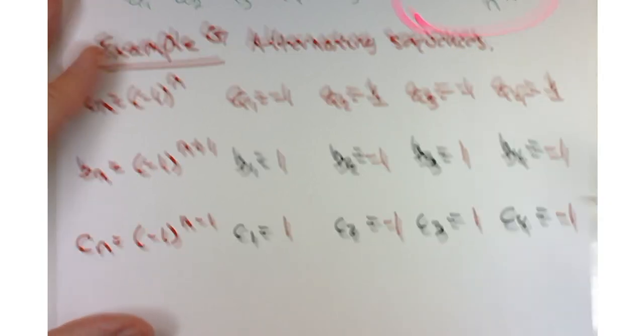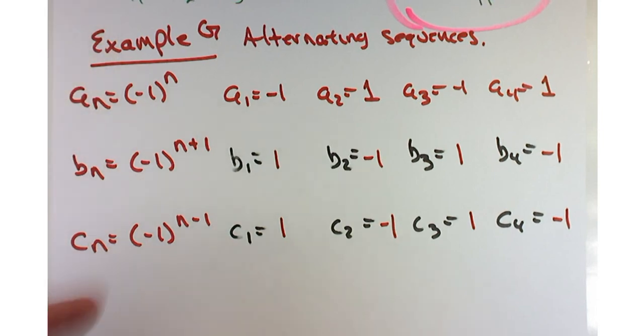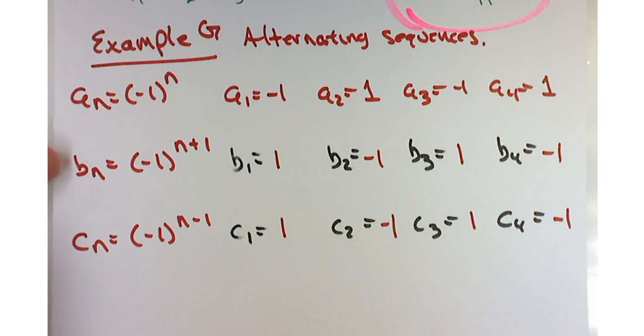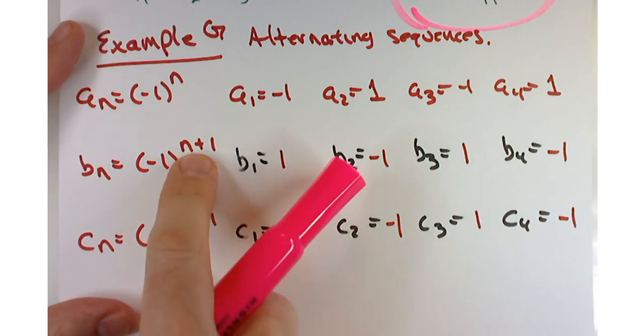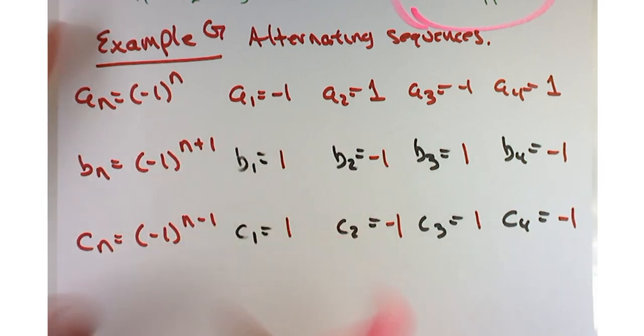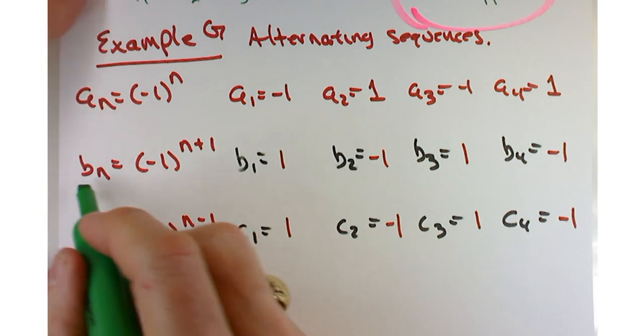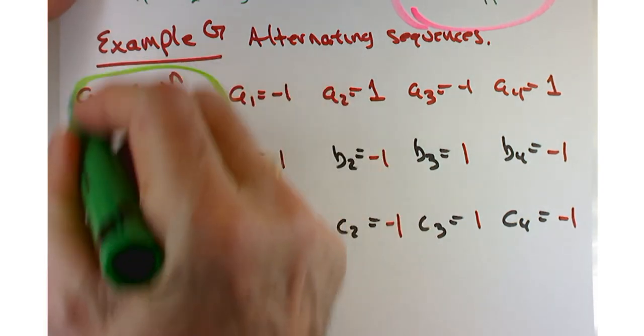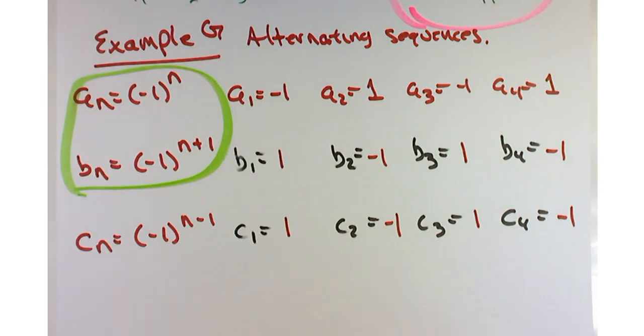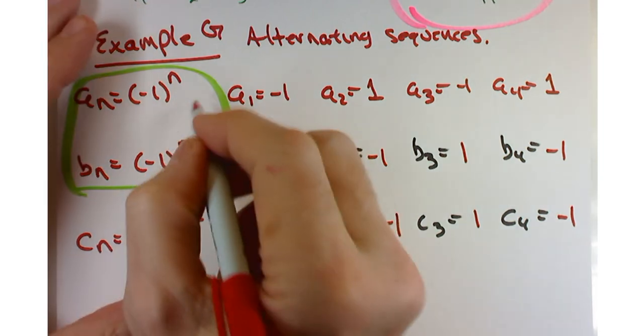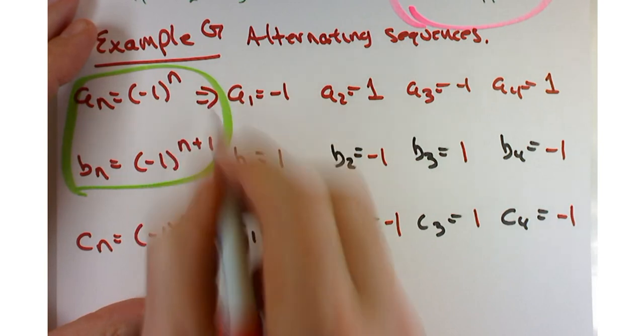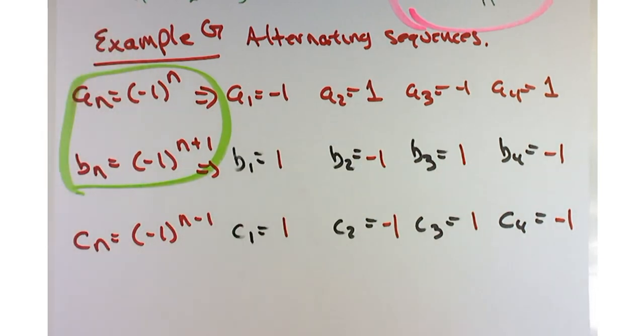So the thing that I want you to see here is that these two are the same. So it doesn't really matter if you use -1 to the n plus 1 or -1 to the n minus 1, you're getting the same thing here. So the real difference comes between these two. So I would suggest you just use these two to make your series alternate. And that's what we need in this example G here, is we need these series to alternate.